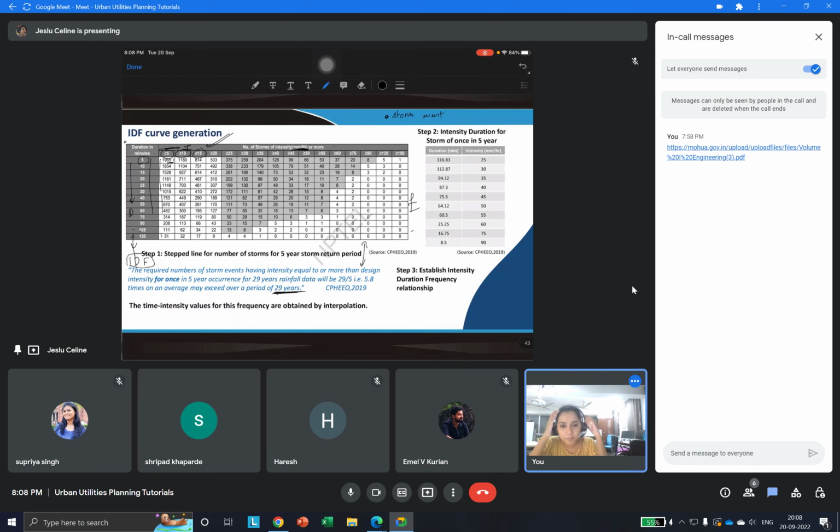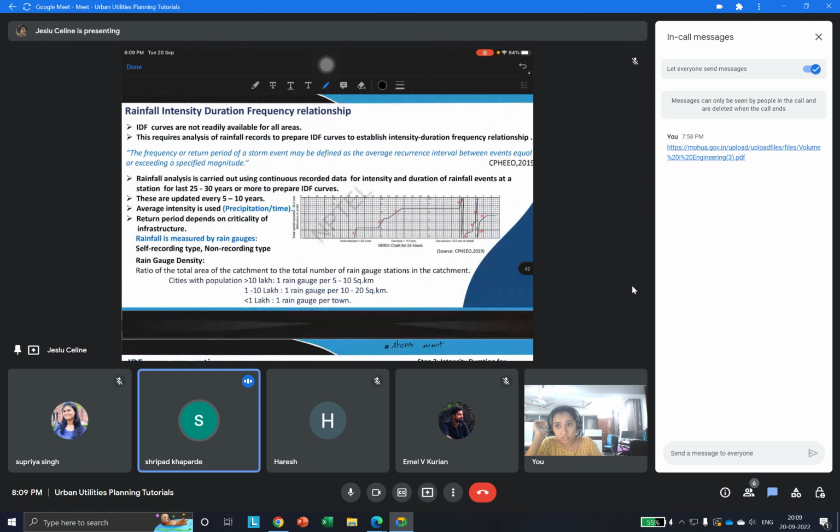Yeah, so you were saying, one screen above this one. There are two screens, this one, above this one. The rainfall intensity duration frequency relationship slide? Yes, yes. Okay. Yeah, so what is your doubt here?